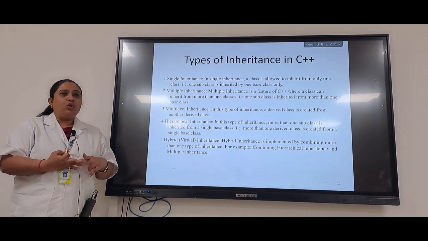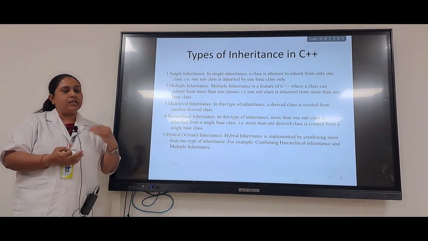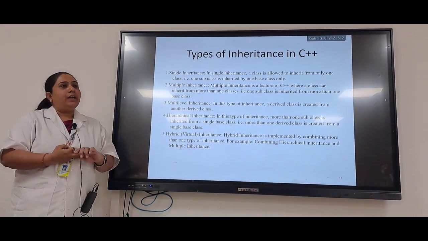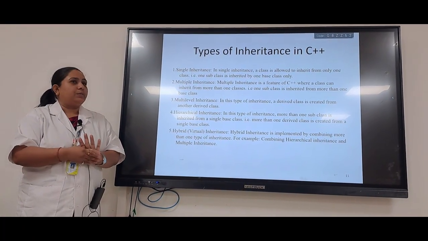Then we saw the modes in which we can inherit derived classes from the base classes. And next we come to see what the types of inheritance in C++ are.